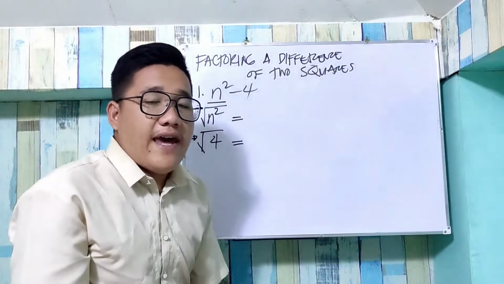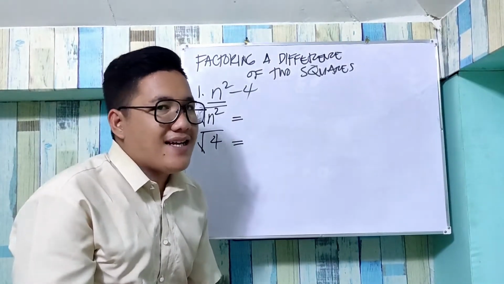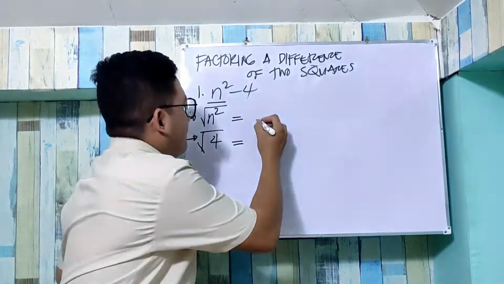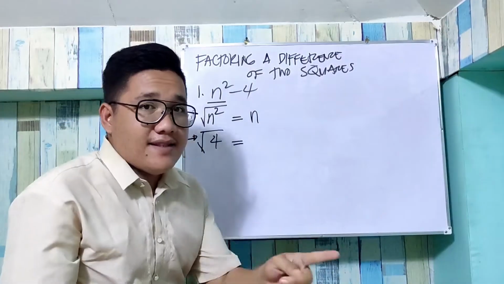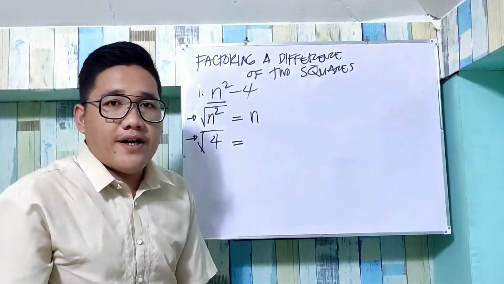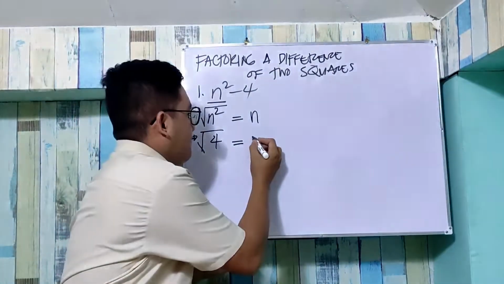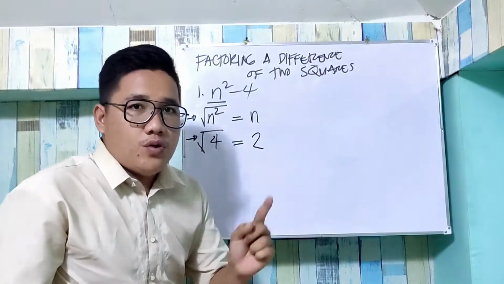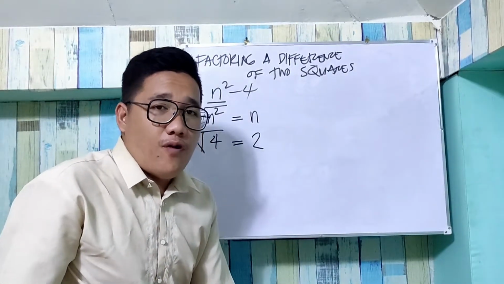What is the square root of n squared? Correct, that is n. Why? N times n is equal to n squared. How about square root of 4? Very good, that is 2. 2 times 2, that is 4.